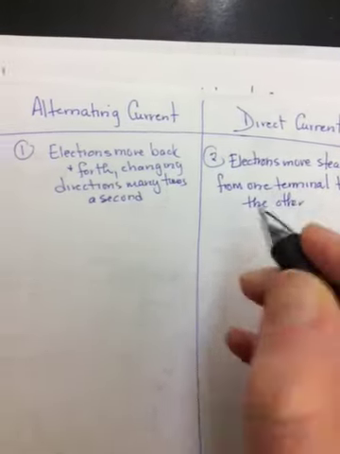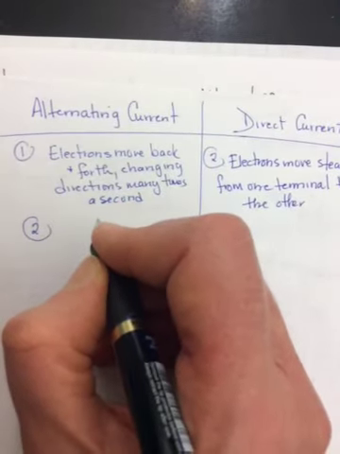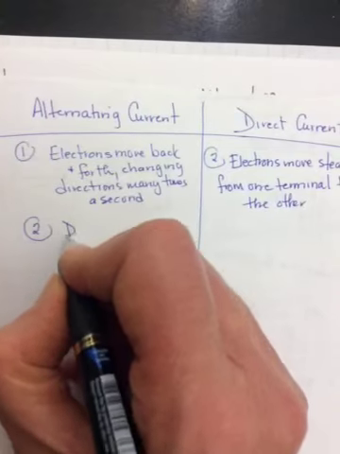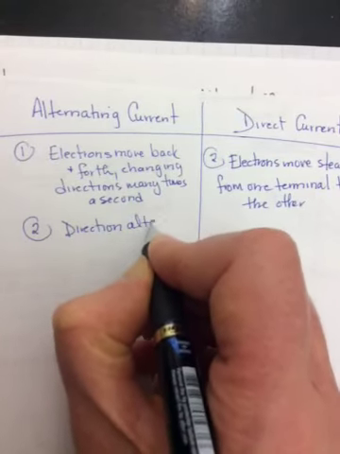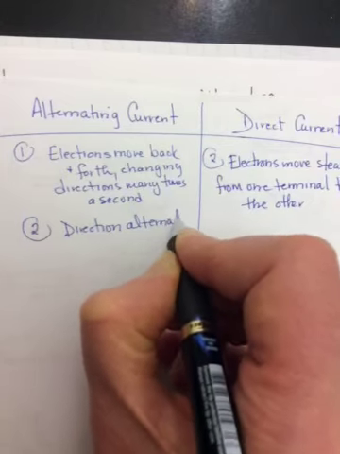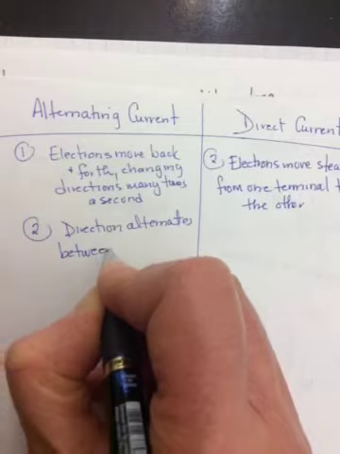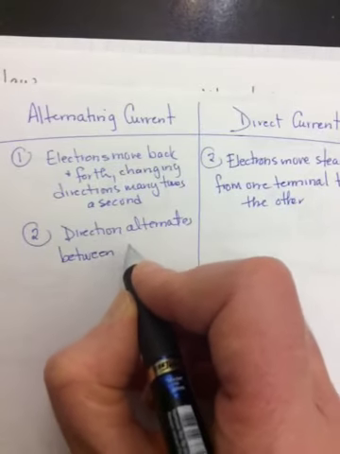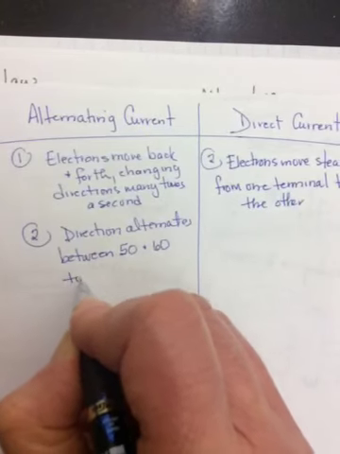Okay? Over here then, when we say changing direction many times a second, the direction here can alternate. Usually the direction alternates between 50 and 60 times per second.